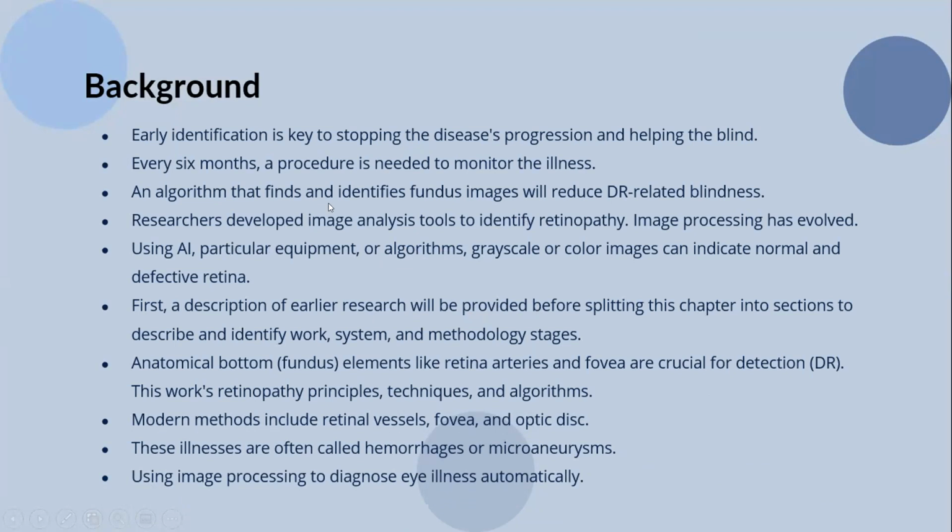An algorithm that finds and identifies fundus images will reduce diabetic retinopathy related blindness. Researchers developed image analysis tools to identify retinopathy. Image processing has evolved. So using AI equipment or algorithms, grayscale or color images can indicate normal and defective retina.